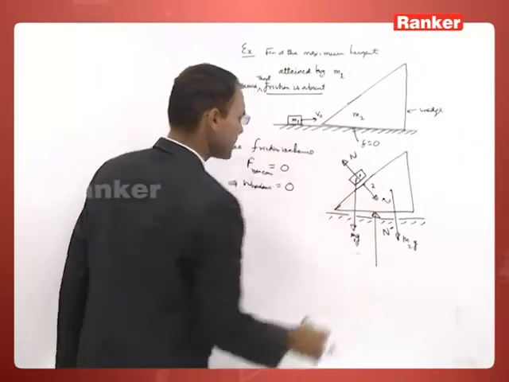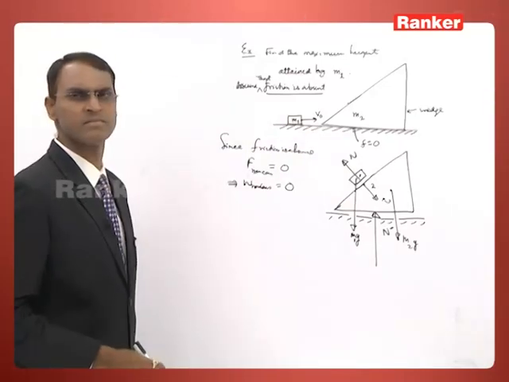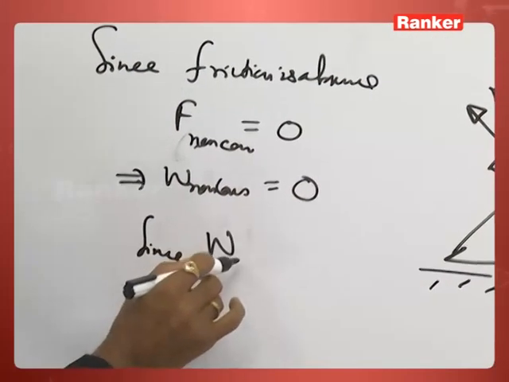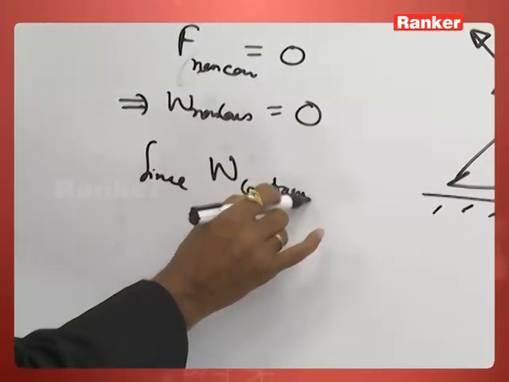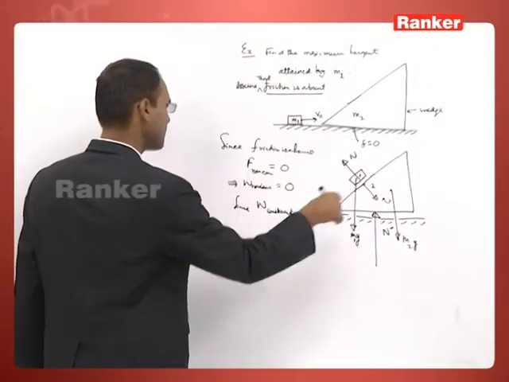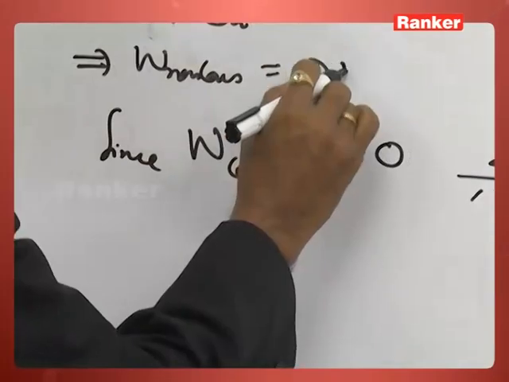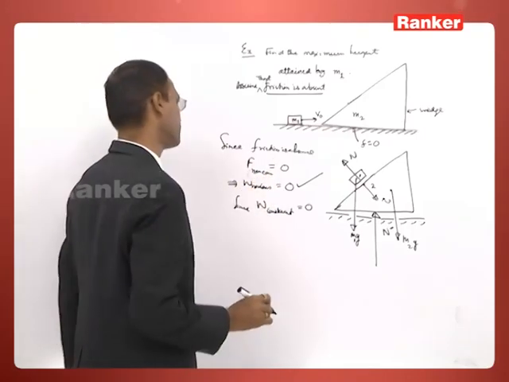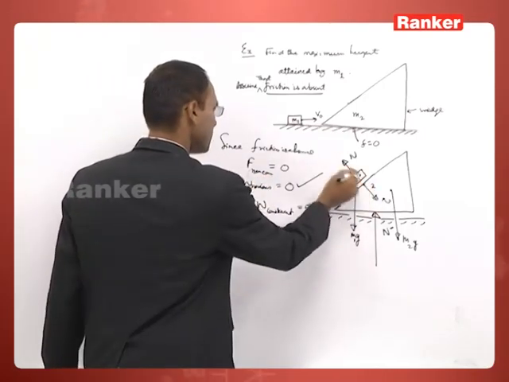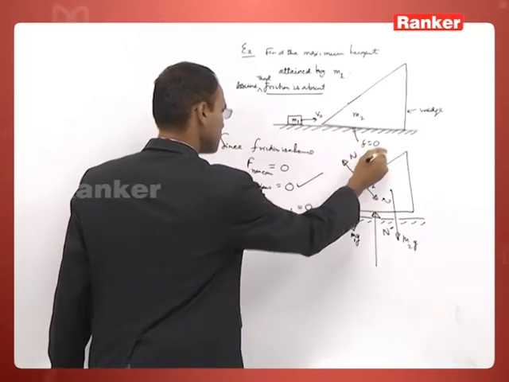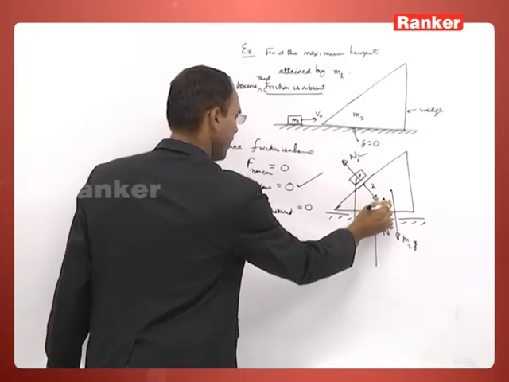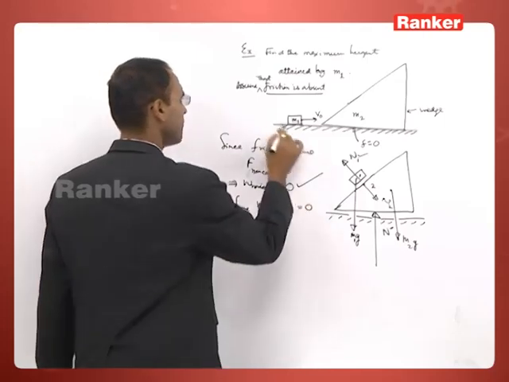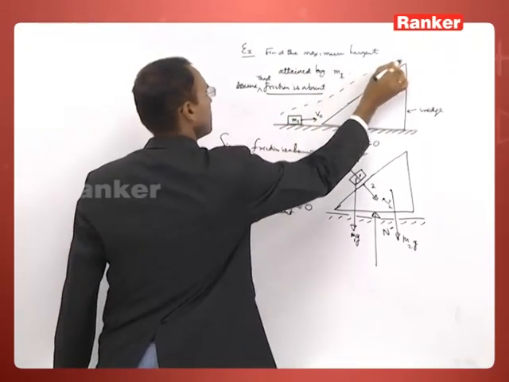And these normal reactions are the constant forces, and in last classes I proved that work done by constant forces as a whole will be equal to 0. Work done by the non-conservative force will be 0 when you call the friction non-conservative, and work done by these normal reaction forces N1, N2 and Ns as a whole will be equal to 0 for the system.